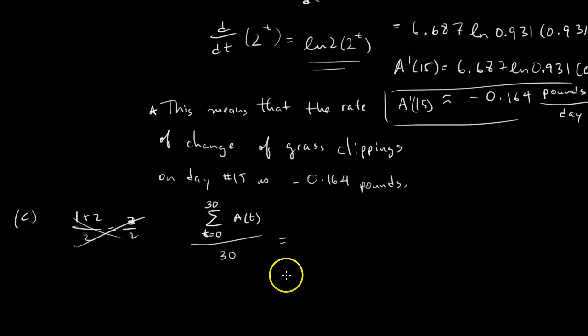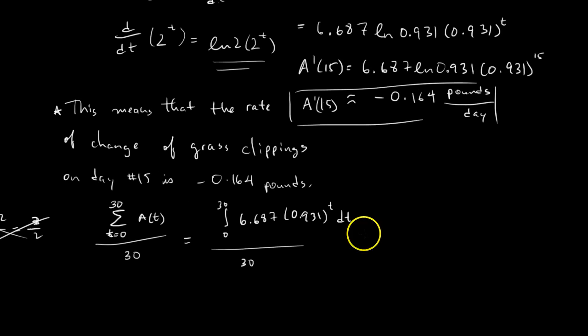So another way to write a sum, you can write it as an integral from 0 to 30. Because we're not going to just add all of these up, we're going to waste all our time. Instead, we can just solve an integral from 0 to 30. And what's A of t? A of t is just 6.687 times 0.931 to the t, dt, over this 30.